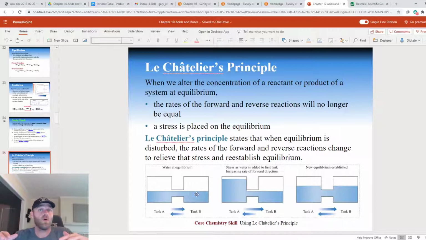Say I take water out of the left side. Now the right side's more heavy, I got more water in this right side. It's going to push back and raise the level of the left side. So all these chemical equations do this same thing where they try to reach what we call equilibrium, a balancing act, where it pushes back and forth until it gets stable. We call it stable, or equilibrium is reached.